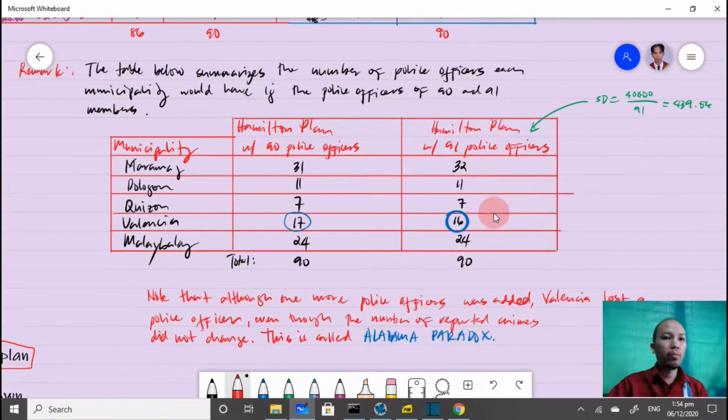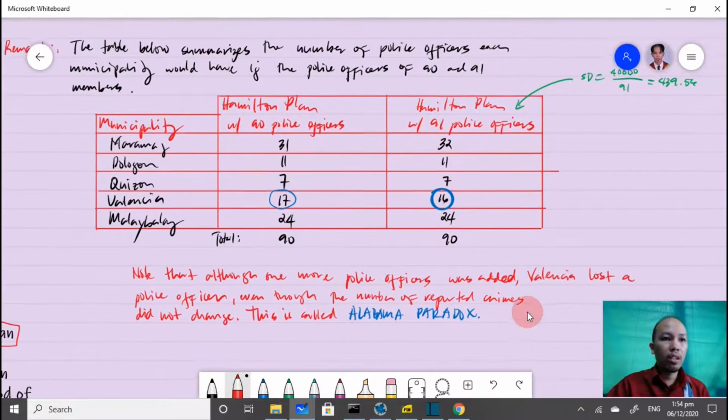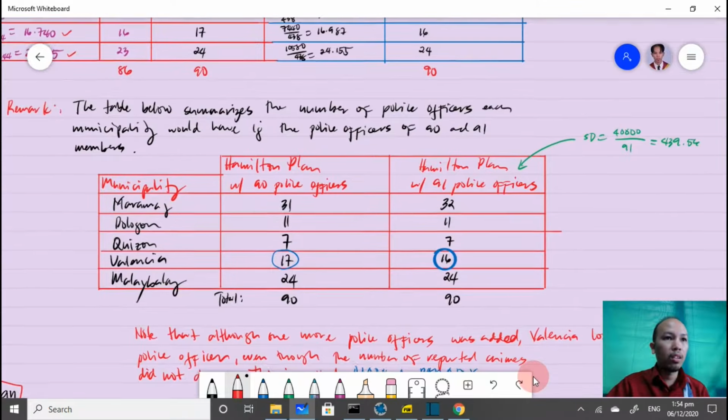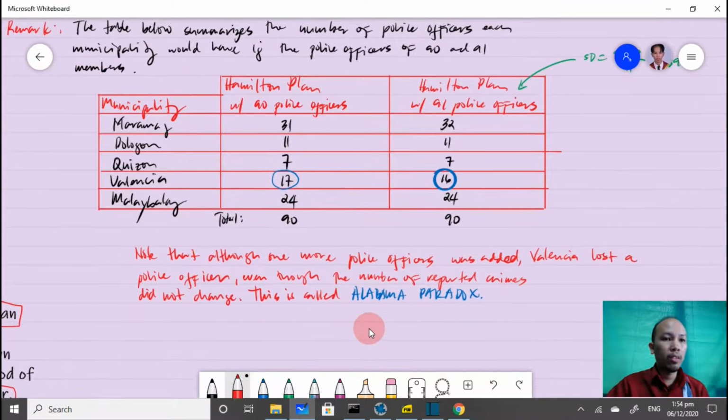Let me elaborate here that there should be fairness criteria in order for the method of apportionment that you are going to use not to violate the given paradox.